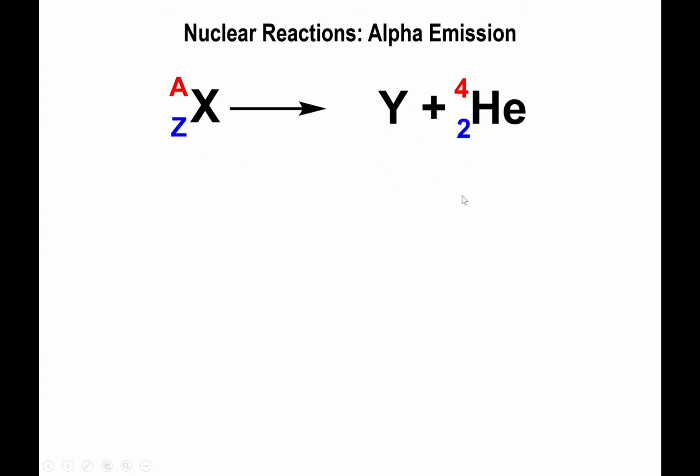So that means that the new element that you may be missing has to end up with an atomic number of Z minus 2, because Z minus 2 plus 2 will equal Z. And for the mass number of the new element, A minus 4 will have to be the mass of this element. Right now, it may start looking kind of ugly, but as you'll see, you won't necessarily have to write these equations down. You'll just do the math, sometimes maybe even in your head, so you don't even need to write down all of these things symbolically.